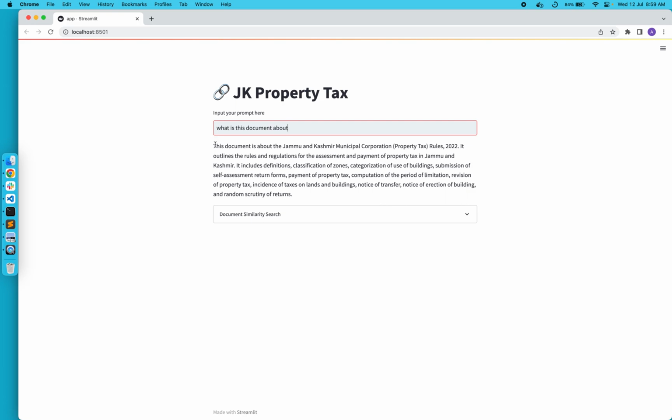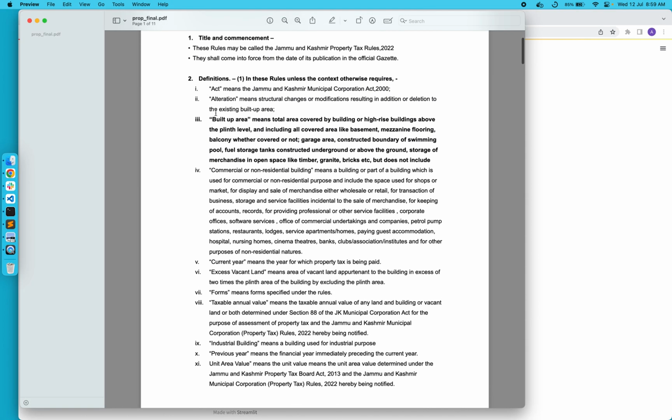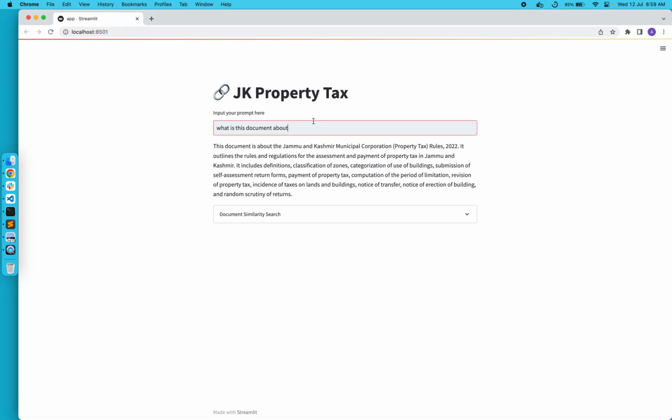And it gives us the answer that this document is about JNK property tax rules. It outlines rules and regulations for assessment of property tax, age, school definitions, and a little bit of summary of this. Right, that's all fine. Now let's go through. Okay, what is built up area here? Built up area is highlighted.